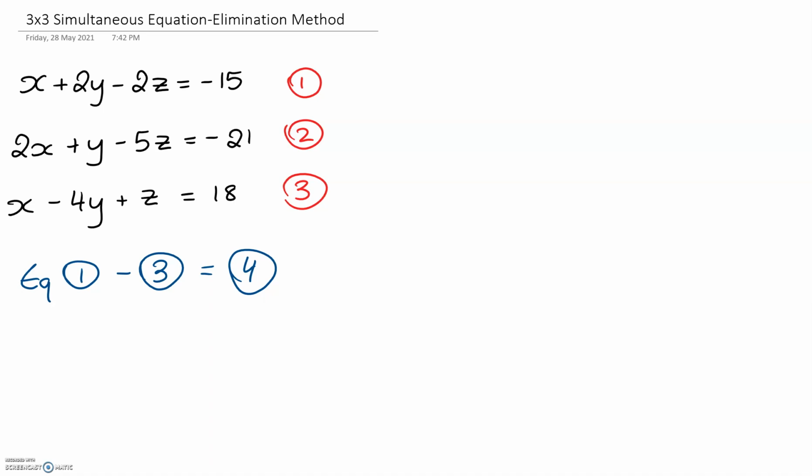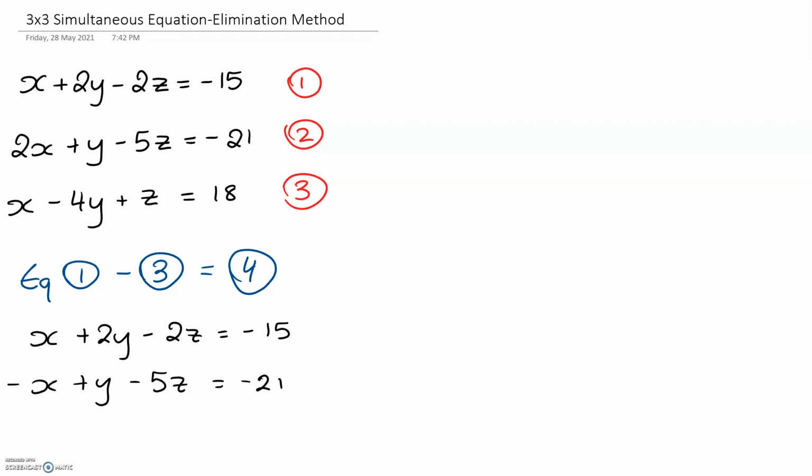Writing it out: x plus 2y minus 2z equals negative 15, subtracted by... oh, I've got the wrong one. I mixed up my equation 3 and equation 2. Sorry: x minus 4y plus z equals 18.